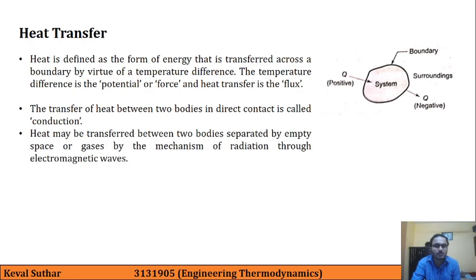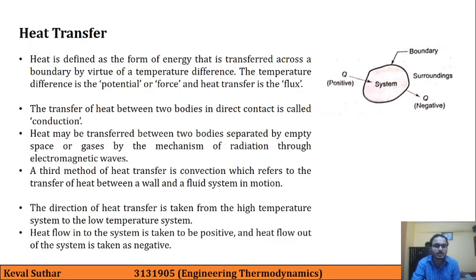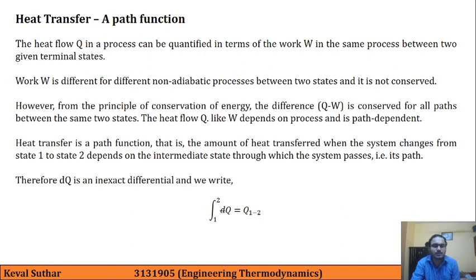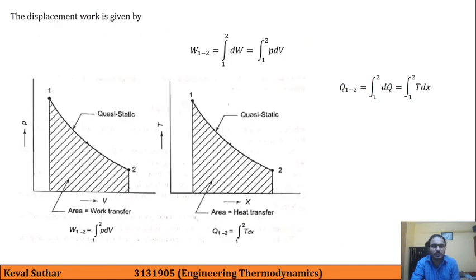There are three modes of heat transfer: conduction, convection and radiation. Then we studied that heat transfer is a path function, and we tried to obtain an unknown property so that the area under this curve gives us the value of heat. And in later chapters, we will understand that this X is nothing but entropy.